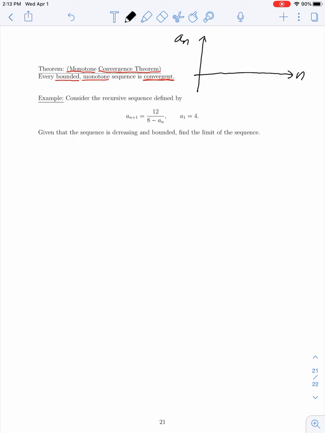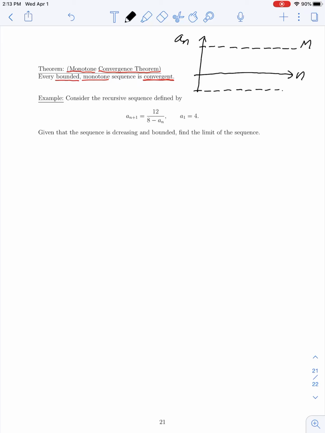And to see why that would be the case, we could think about a geometric approach. Let's think about graphing the terms of a sequence. So if we were to look at graphing the terms a_n of our sequence for different values of n, let's suppose that we have a bounded sequence.